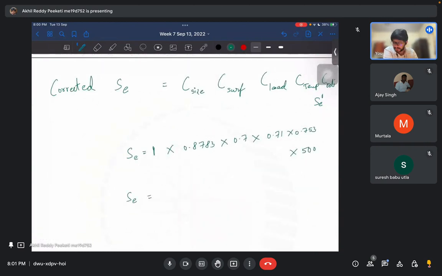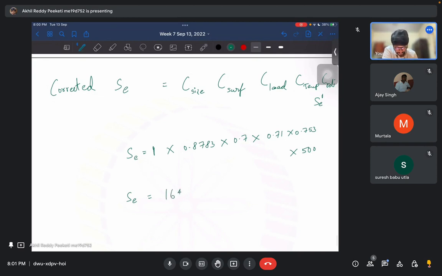So the corrected endurance strength. If you do all these multiplications, let's see what we get. 0.8783 into 0.7 into 0.71 into 0.753 into 500.